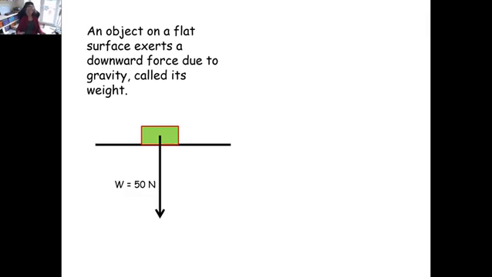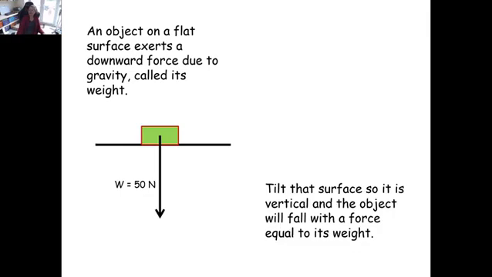If you then tilted that surface so it went completely vertical, then what would happen? Well, we know that object would fall, and it would fall with a force equal to its weight of 50 newtons. That much is obvious.